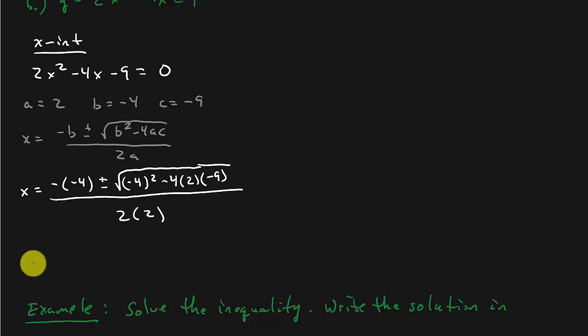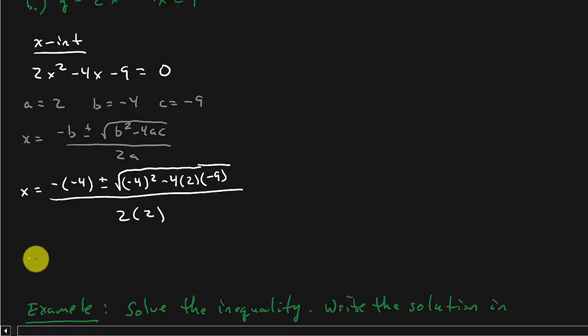And so this is going to give me x equals 4 plus or minus the square root. Now, when you do all of this arithmetic in here, that is going to give you 88. And that is over 4. Okay. And so now I think we can simplify the square root of 88.